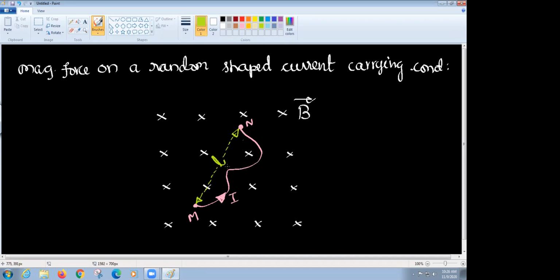Now, can anyone find the magnetic force on a random shaped current carrying conductor? The magnetic induction is into the board. Anyone?